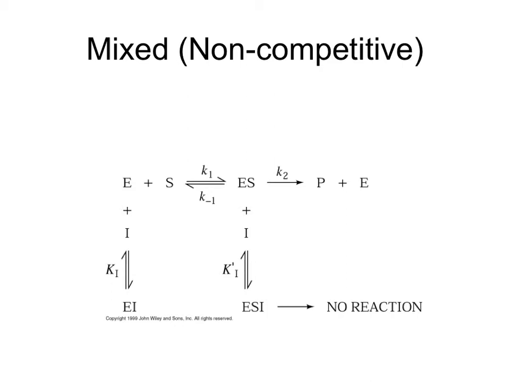Then you can also have a mixed type of inhibition where you have, right, this is your inhibitor that is competitive, and then there is your inhibitor that is non-competitive, which forms this enzyme-substrate-inhibitor intermediate, which is not productive.